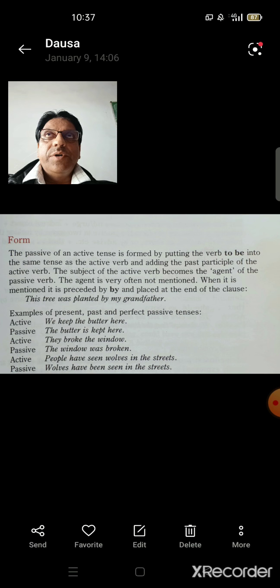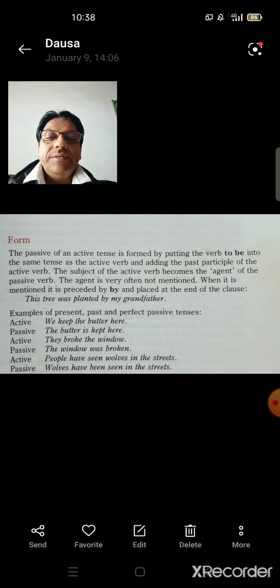So we will put the verb to be in the same tense as that of this main verb. So the butter is, since it is the present tense, the butter is kept here. And we can add the by phrase, but that is optional, since we have an indefinite pronoun over here, an indefinite agent. So even if we do not put the by phrase, our passivization is still correct.